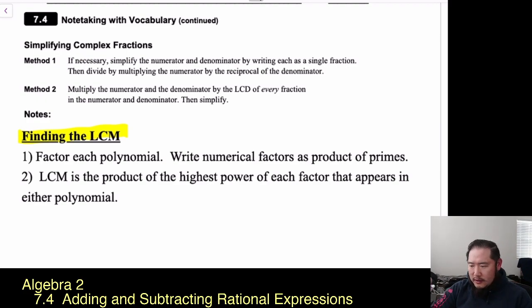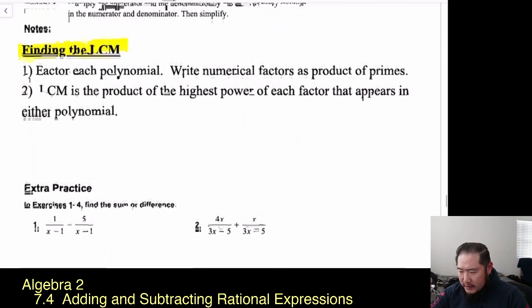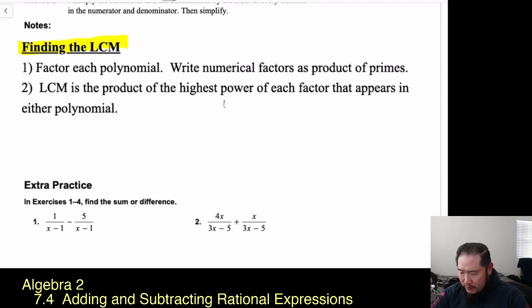Let's say the question was, let's find the LCM of 4x squared minus 16 and 6x squared minus 24x plus 24. Step one is we want to factor each polynomial as much as we can.